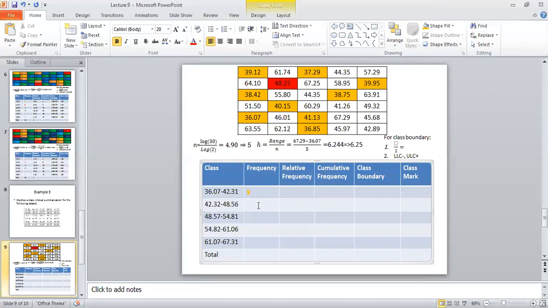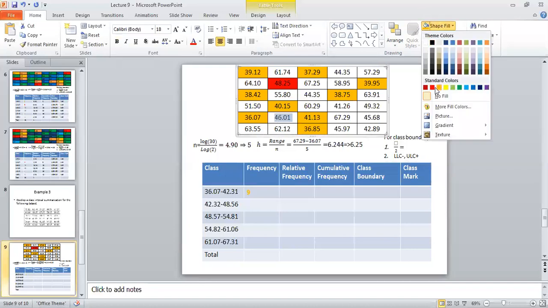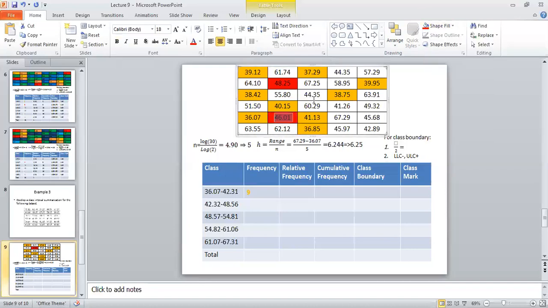Coming back to our second class, 42 to 48. This should be over here, and we mark it with red. This should be over here, and we mark it with another red. And over here we mark it with red.